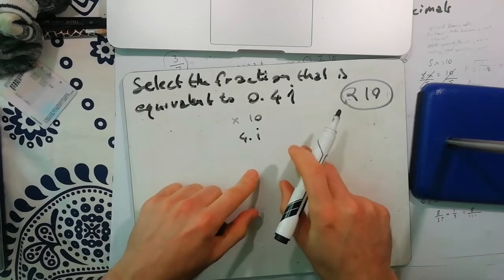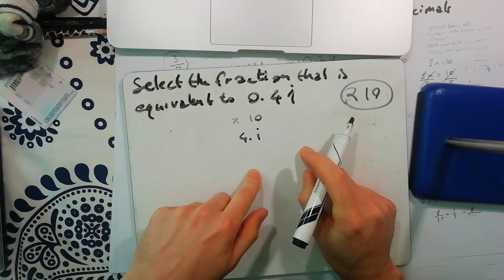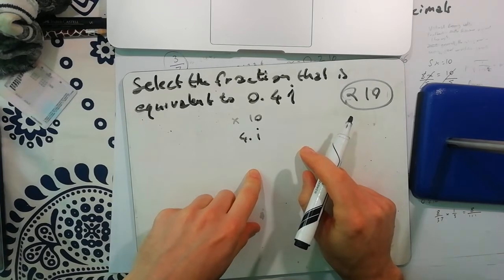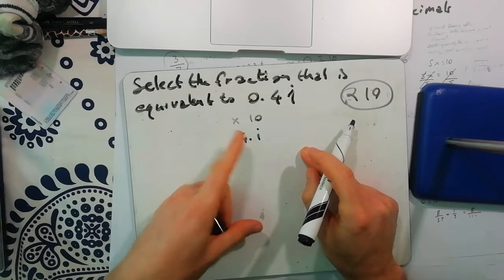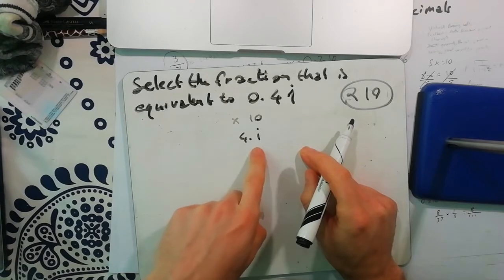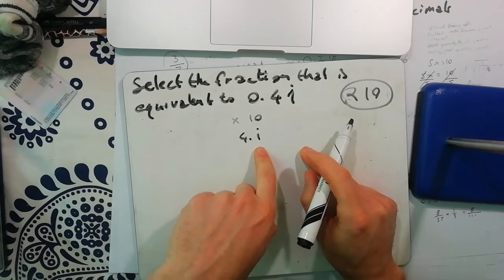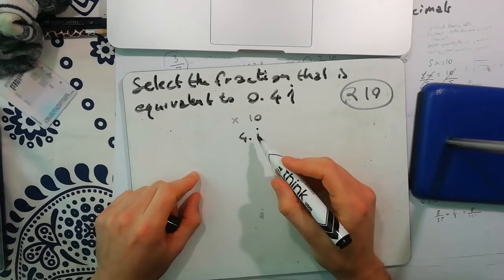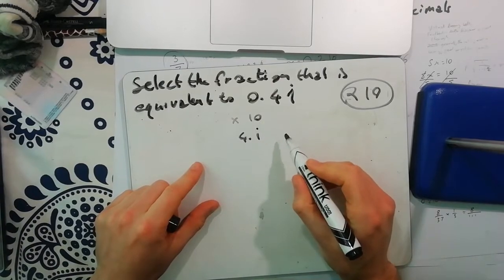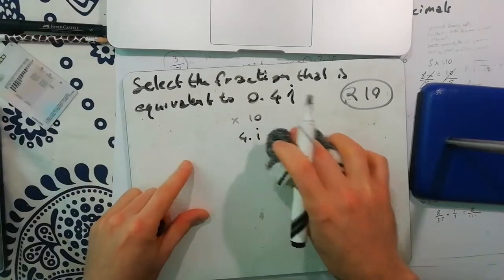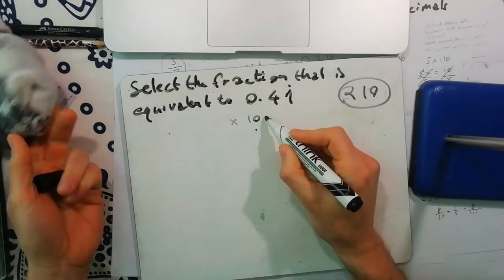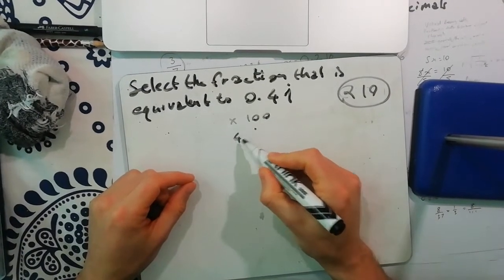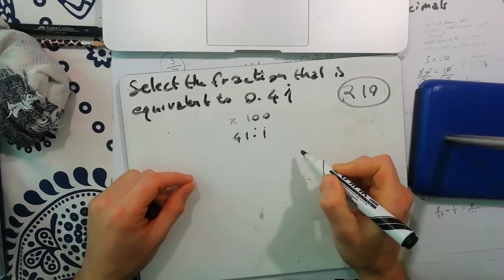Now some of you might be able to do something with that already, because some of you might remember what 0.1 recurring is. But there's a method which you can use which is the same for all of these, whether it's 1, 2, 3, 4, 5, whatever. Okay, so what we can also do is, instead of multiplying by 10, we can just multiply by 100, and we get 41.1 recurring.